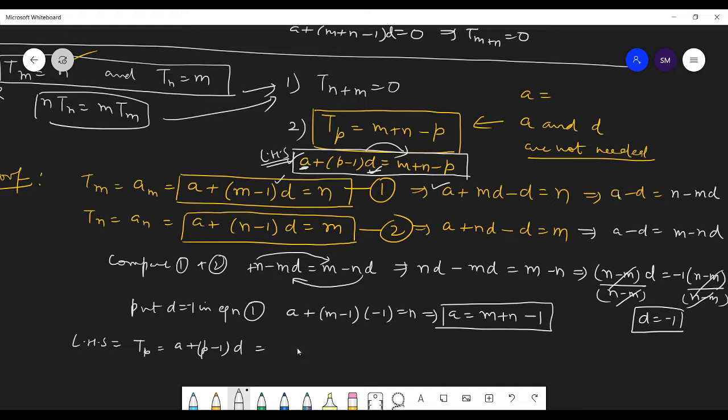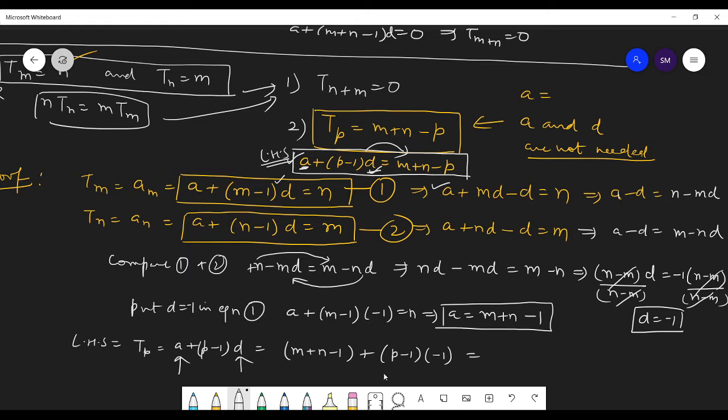So what is the value of a? m plus n minus 1 plus, now p minus 1 into minus 1, that is your d, right?